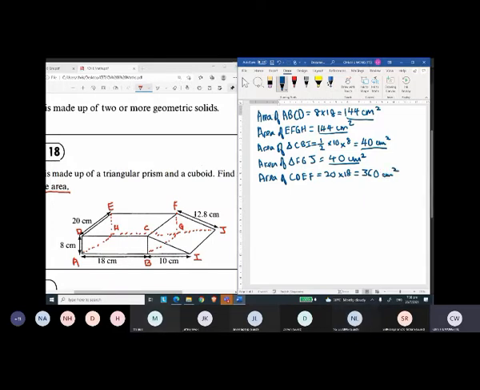Do you agree that the bottom is also the same? So area of ABGH is also 360 cm square. Okay, top and bottom are the same.